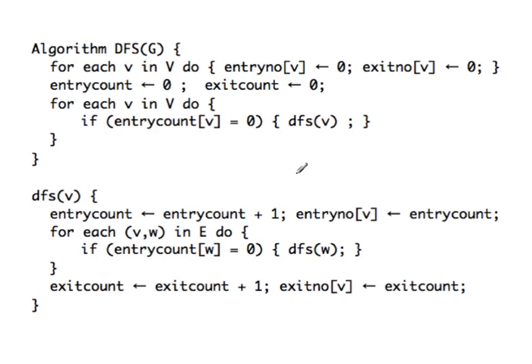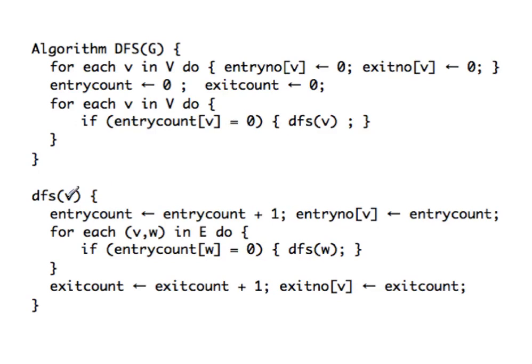Instead of having just a simple marked array, we have an entry number array and an exit number array in which we record the entry number and exit number for each vertex. Initially the entry number and exit number are 0 for everything, and the counters are also 0. As usual, we use entry count to determine whether something has been marked or not. If the entry count is 0, then we invoke a DFS.